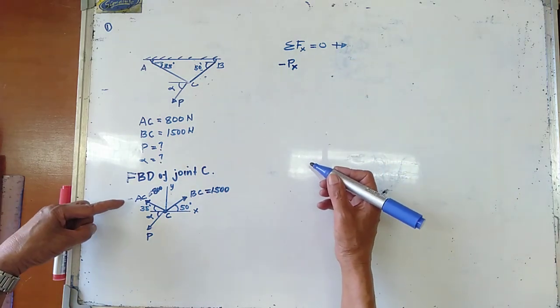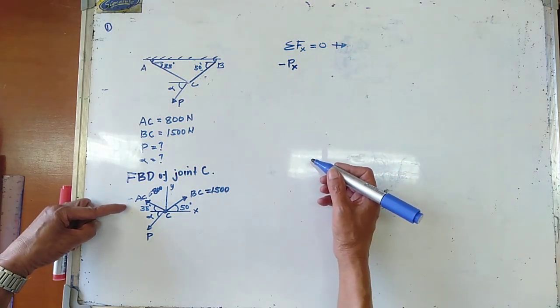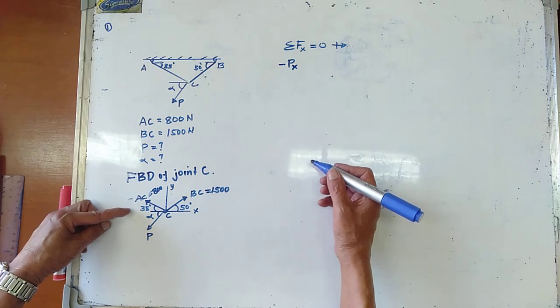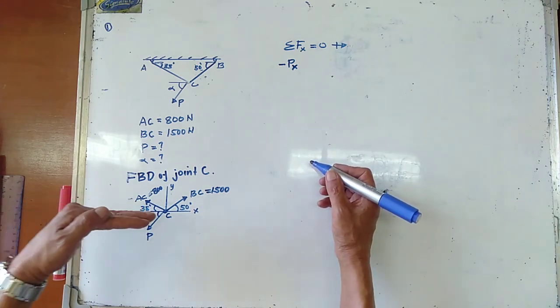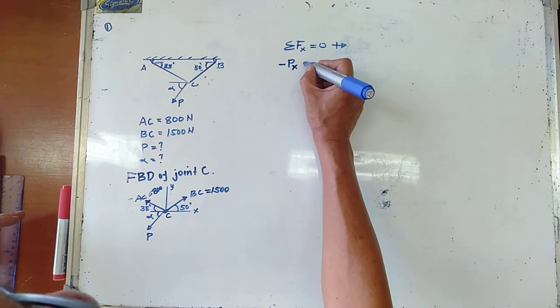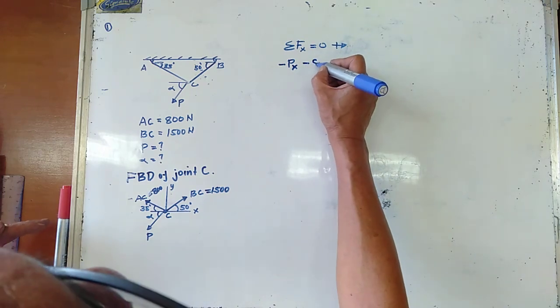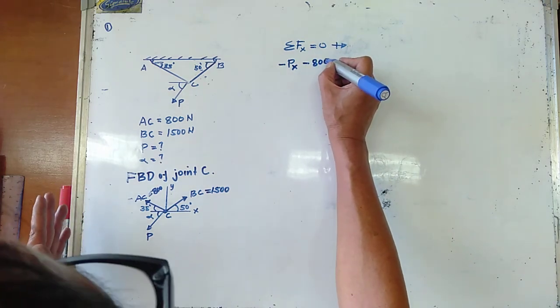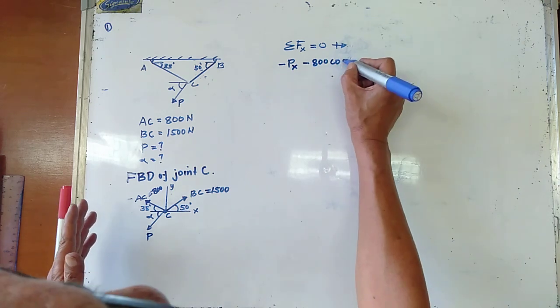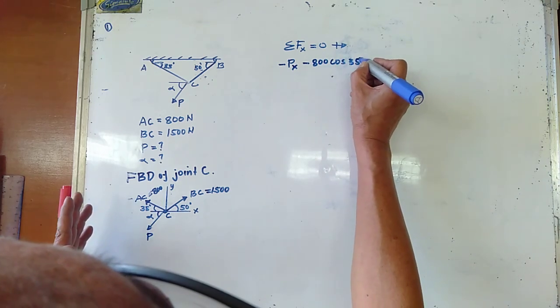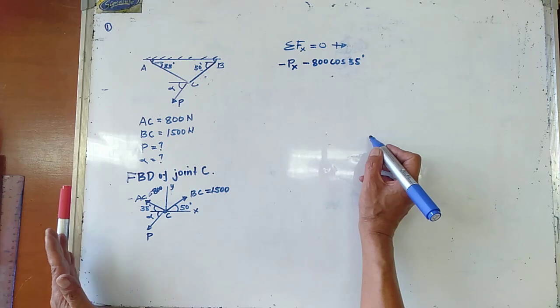And then the 800 tension in cable AC, the x component is going to the left, so we have minus 800 cosine of 35 degrees.